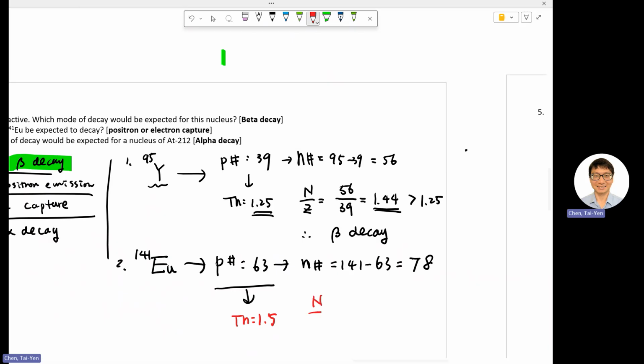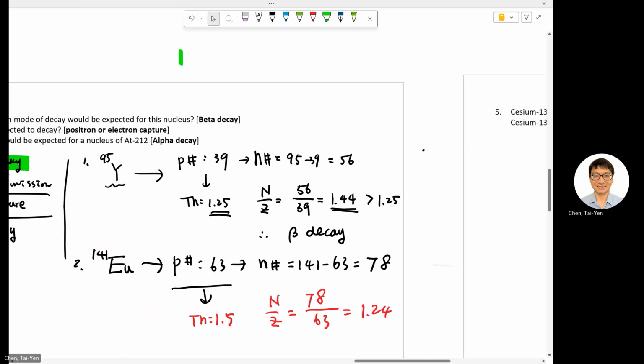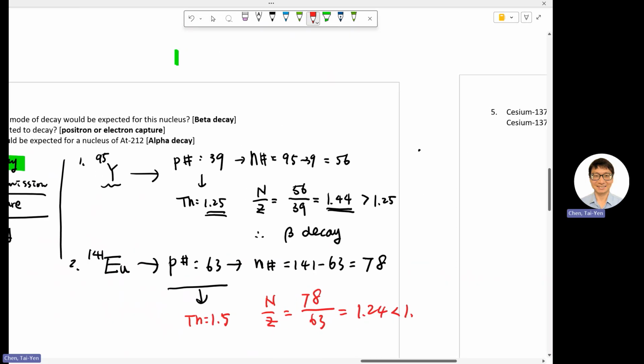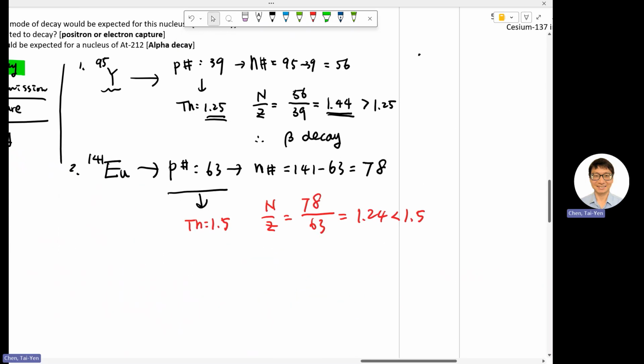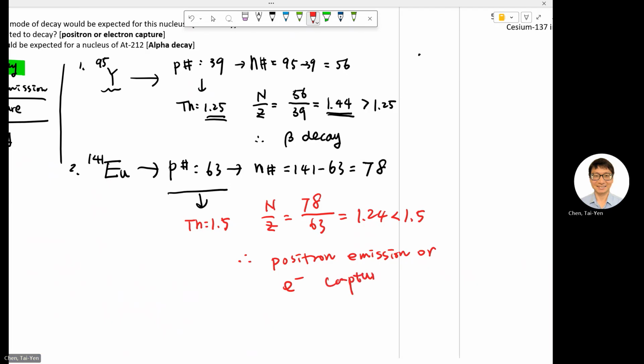Your N to Z ratio here equals 78 over 63, which gives you 1.24. And 1.24 is smaller than 1.5. Therefore, the decay you're going to have is either positron emission or electron capture. This is how you figure out what kind of decay you have.